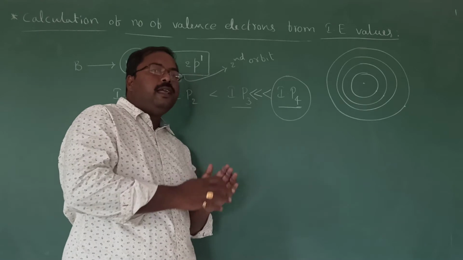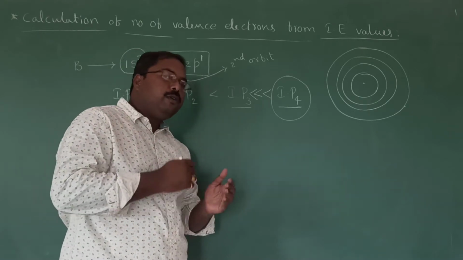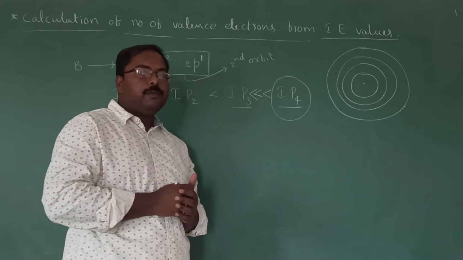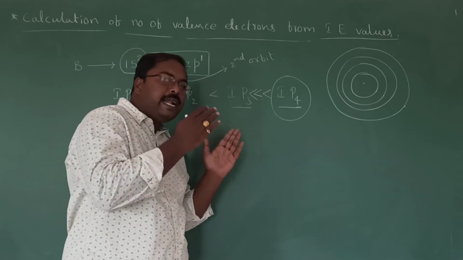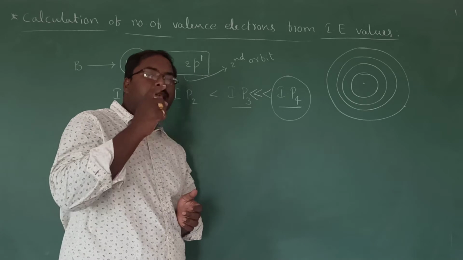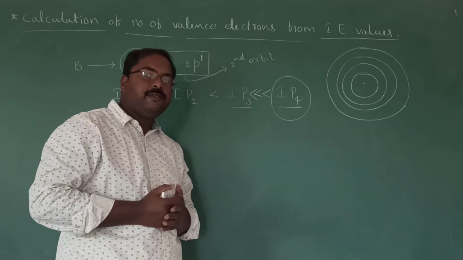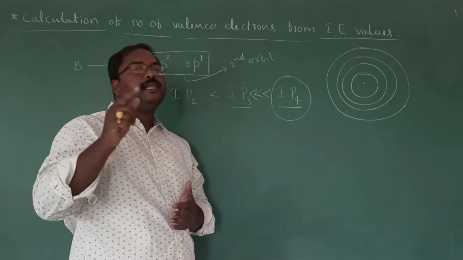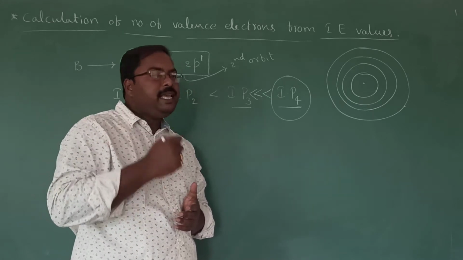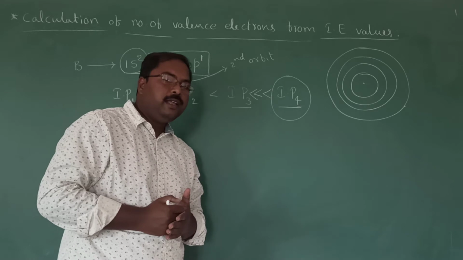So from this, in a general way, you can note down one statement, and I will give it on the board also. What we can say blindly: if the sudden jump is observed in the nth ionization energy value, it means the element has n minus 1 valency electrons. Okay? Got the point?